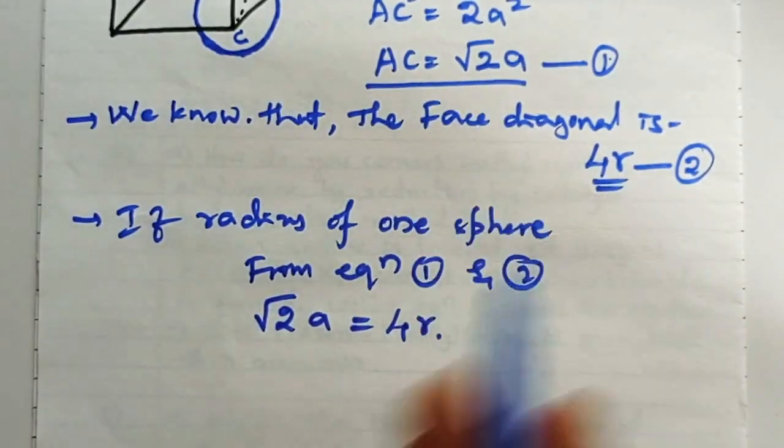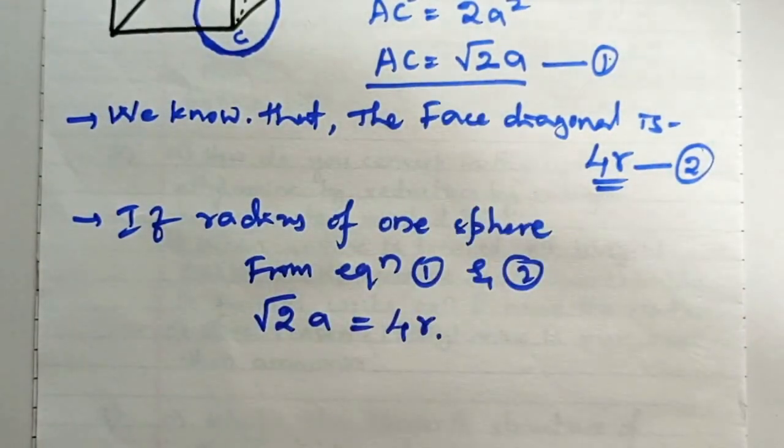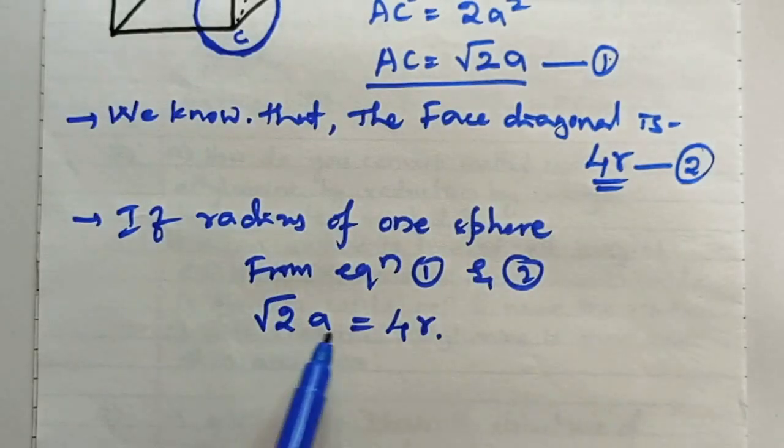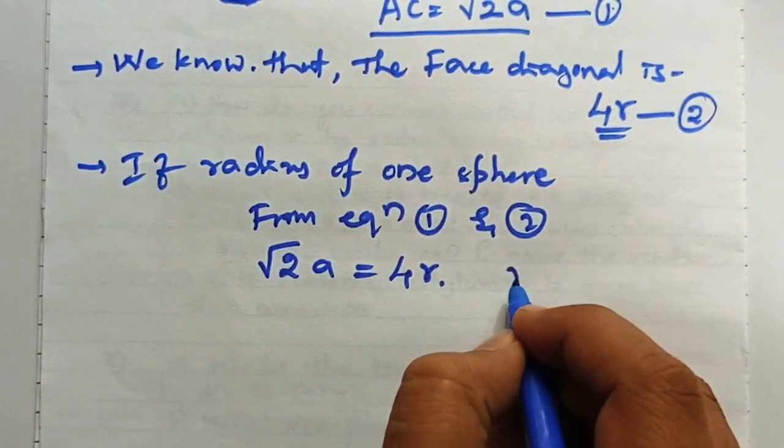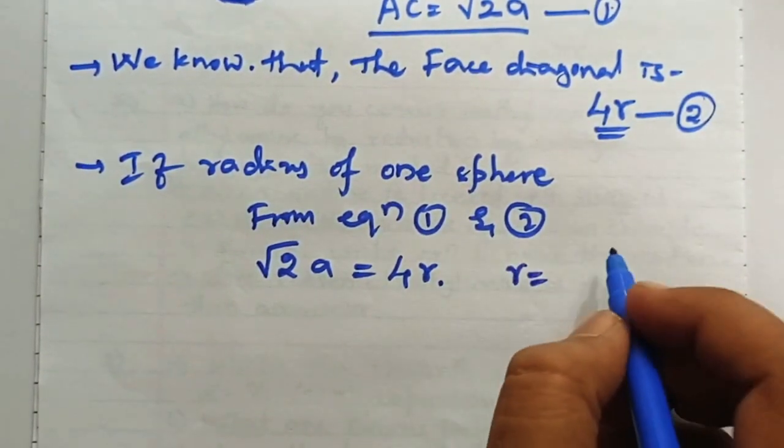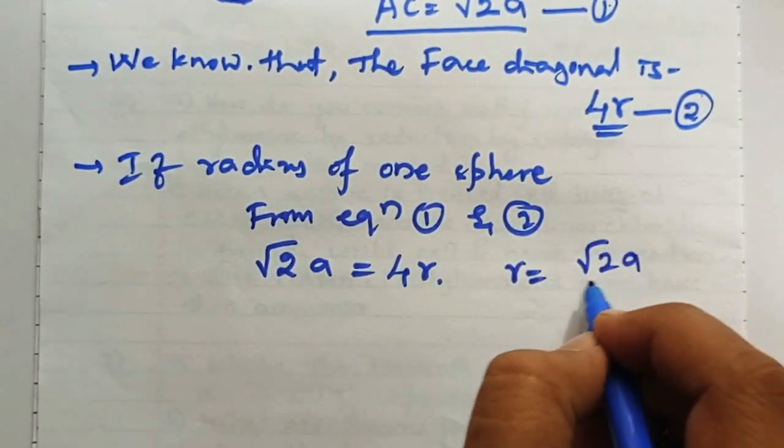Equate equation 1 and 2, so we get root 2 a is equal to 4R. Then the radius R is equal to root 2 a divided by 4.